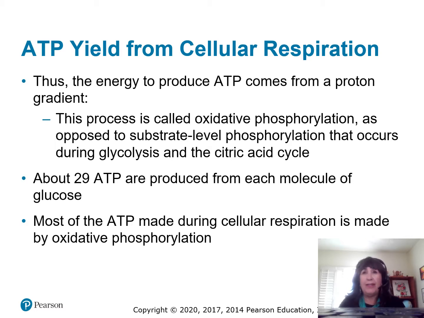Remember, pyruvate processing does not produce any ATPs. Step 1, glycolysis produces 2 ATPs. Step 3 produces another 2 ATPs. And the remaining 25 ATPs come from step 4, the electron transport chain, the step that requires oxygen to receive low energy electrons and protons that will also produce water.